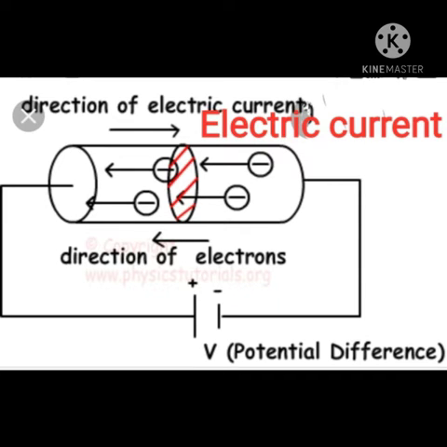When a pressure is put at one end, it forces the water to move in one direction and flow through the pipe. As a result, the water flows instantaneously. The same happens for the electric current.